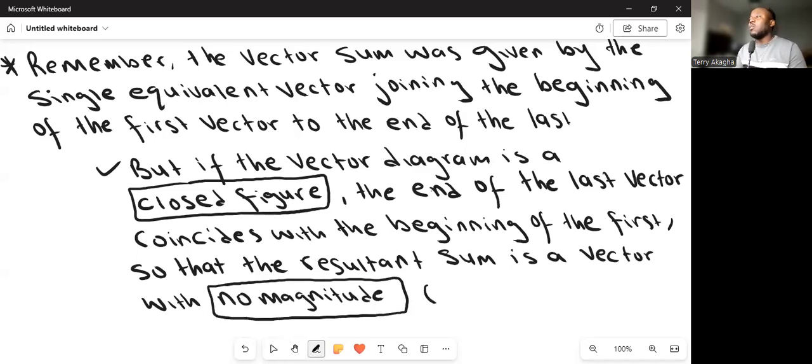Okay, so with no magnitude means 0. So that means the resultant is 0.